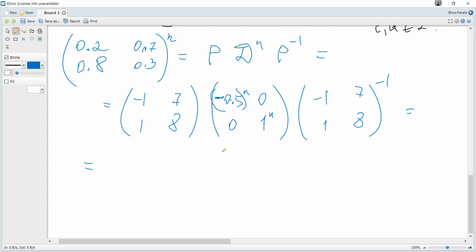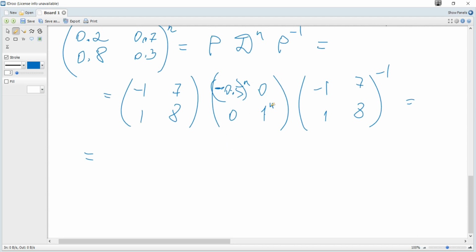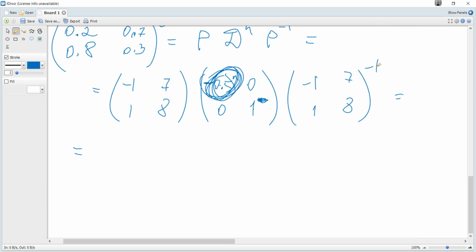Or if you need the final steady state vector, you can see that 1 to the power n is just 1, but the 0.5 value, which is less by magnitude than 1, it doesn't matter plus or minus, or in between negative 1 and 1, to a very large power, it's 0. And you need just to find the inverse.